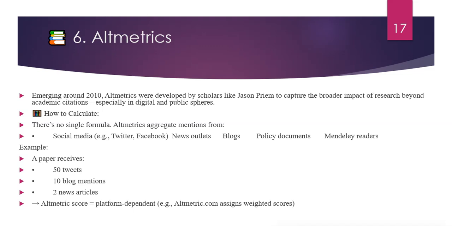Another metric is altmetrics. Emerging around 2010, altmetrics were developed by scholars like Jason Priem to capture the broader impact of research beyond academic citation, especially in digital and public spheres. How to calculate?